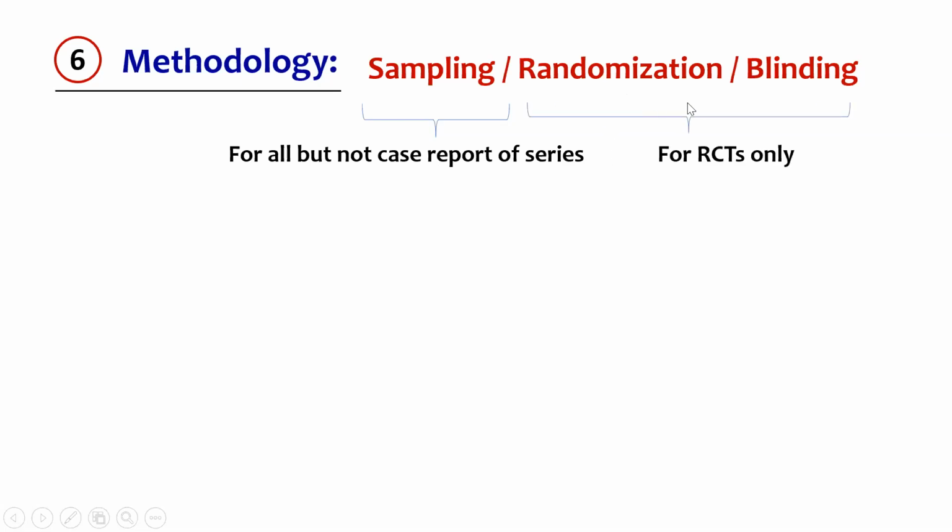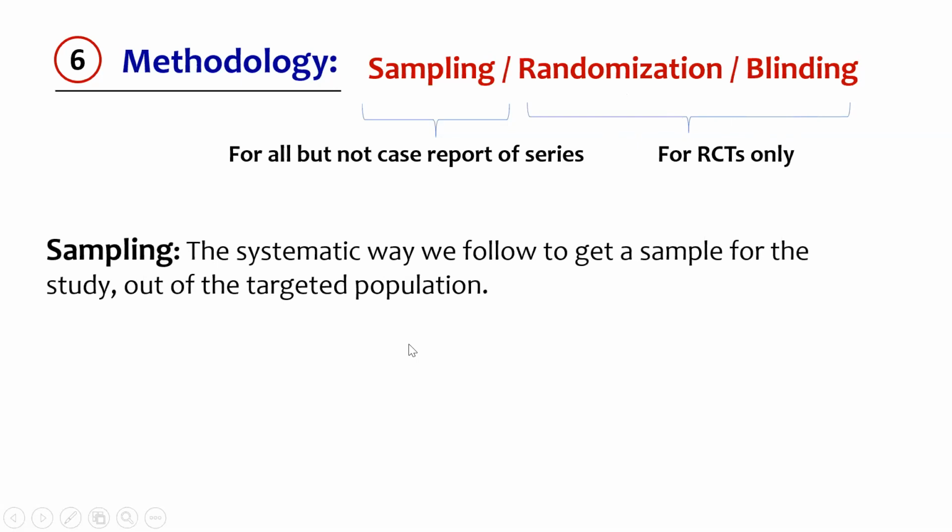These important topics are not necessarily present in all study designs. For example, we do not need to do sampling in a case report or case series. Similarly, randomization and blinding are needed for randomized controlled trials only.